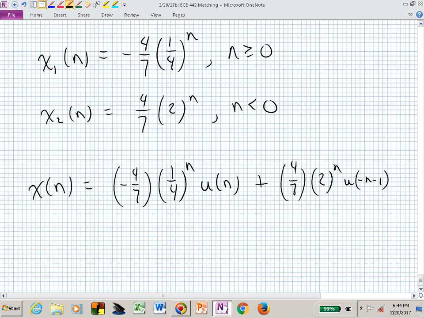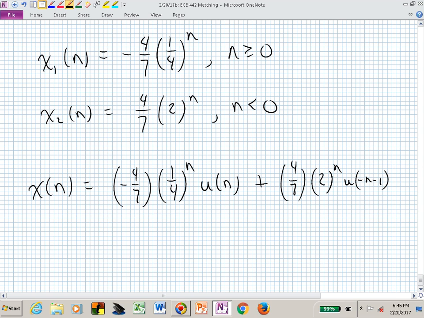Well, pay attention to when the argument of that unit step is non-negative. In this case, we want that to be turning on. We want that switch to be activated for negative values of n. What happens at n equal to 0 in that second term? U of minus 1. Is it on?